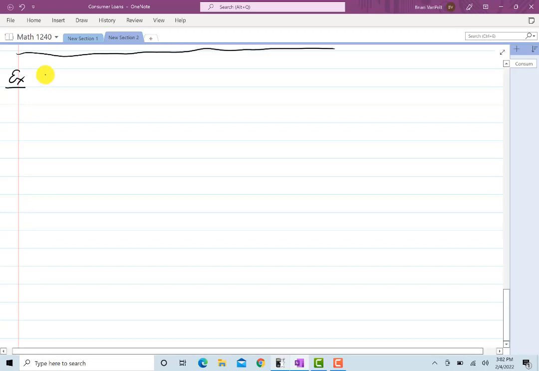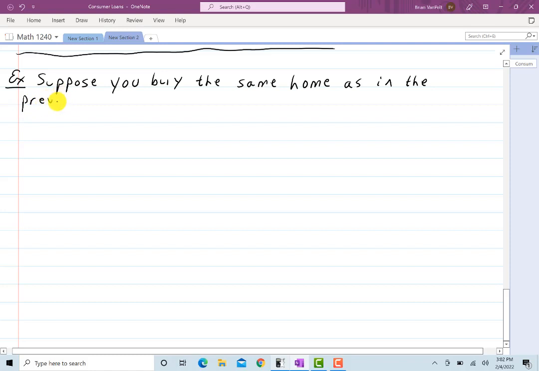Now, suppose you buy the same home as in the previous example, except your loan is only for 15 years.